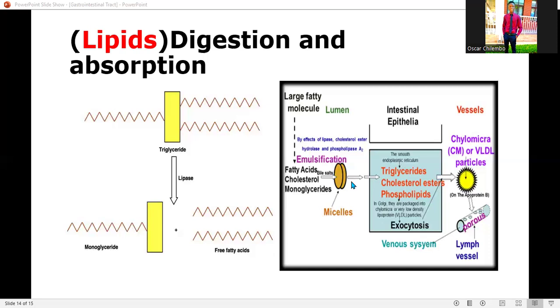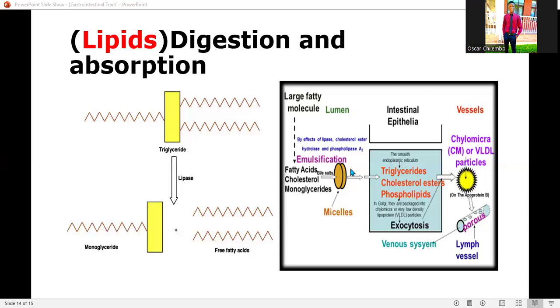Now, how does the lipid digestion occur? Let's imagine this micelle has been formed and it is having all these components: the fatty acid, the cholesterol, and monoglycerides. It has now reached the jejunum area and needs to be absorbed going into the enterocyte, and it needs to cross the apical membrane.